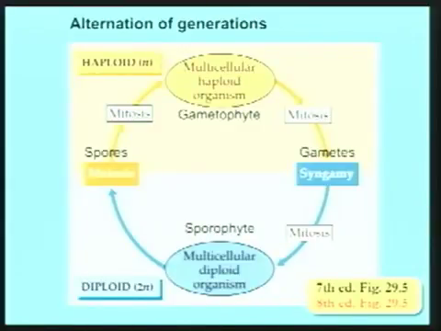And the structures where the gametes are born on the gametophyte are called gametangia. Those are just hollow sac-shaped structures that bear gametes. And similarly in the sporophyte, the structure that bears the spores where meiosis occurs is called the sporangium.